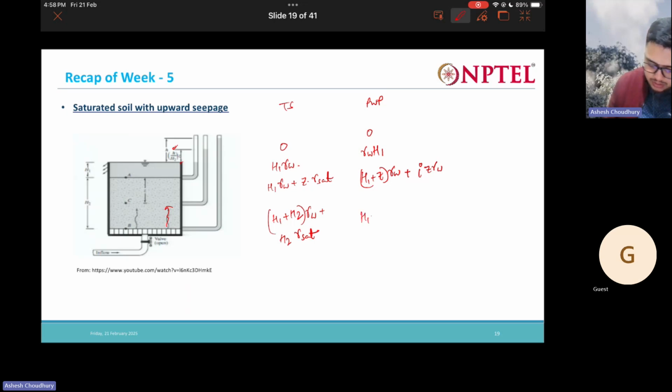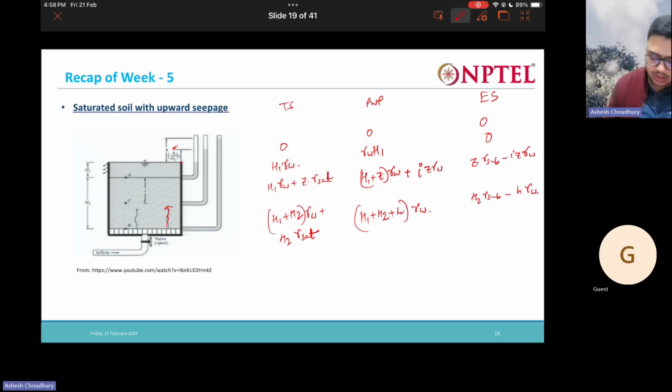And finally we have h1 plus h2 plus h gamma w. Effective stress 0, 0. Then here we have z gamma sub minus i z gamma w. Here we have h2 gamma sub minus h gamma w. Okay.